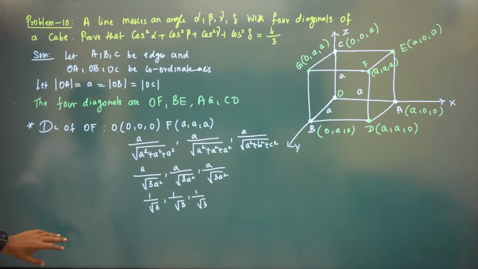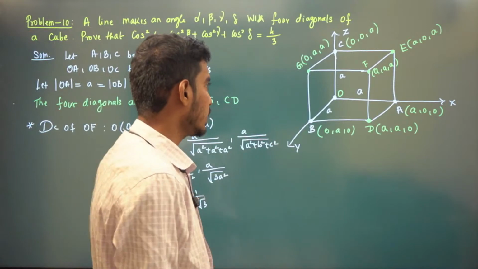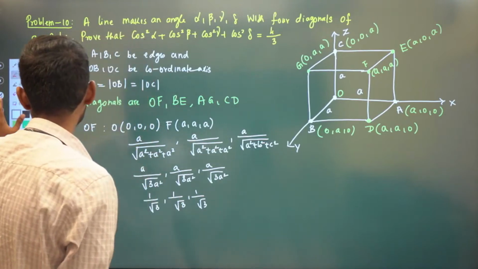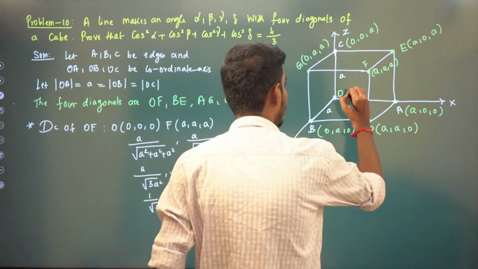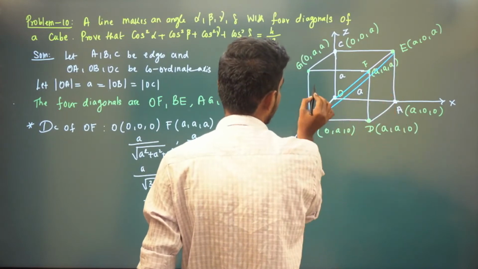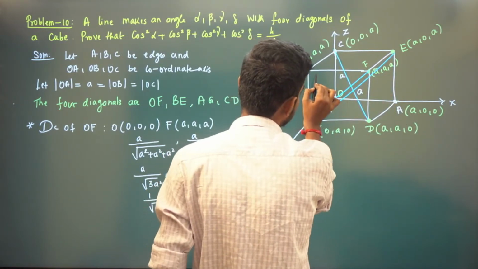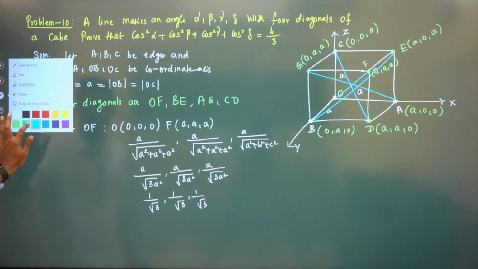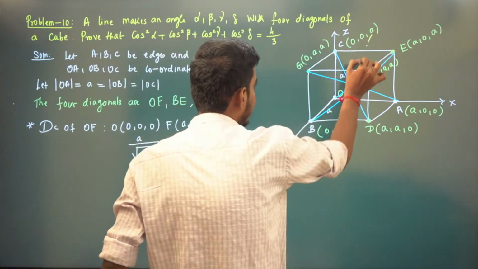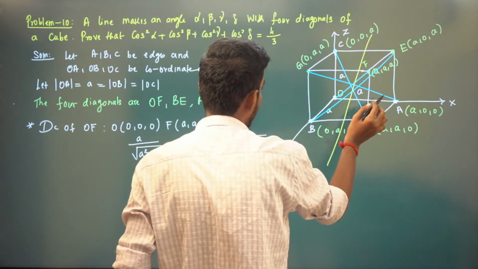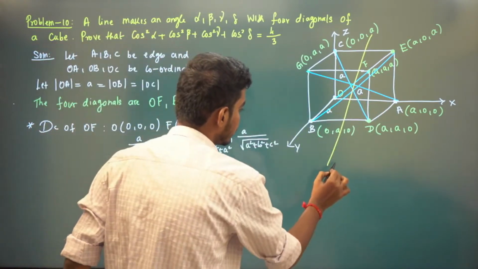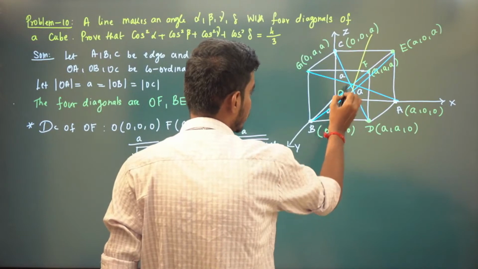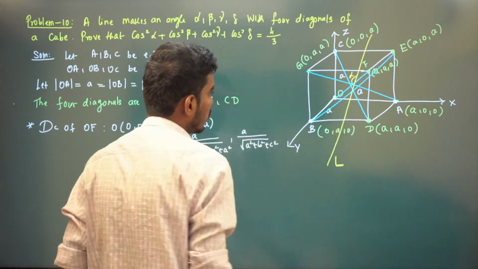Now, what they are saying is we have another line that makes angles alpha, beta, gamma, delta with these four lines. So already we have four lines: OF is one line, BE is another line, CD is one line, AG is another line. And we have one more line, let us call this L. This L makes an angle alpha with the first line, OF.